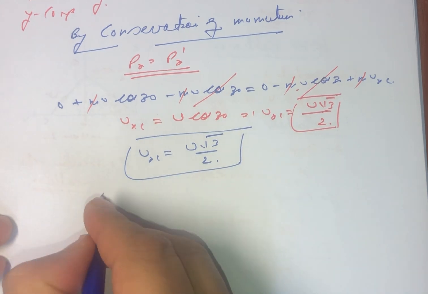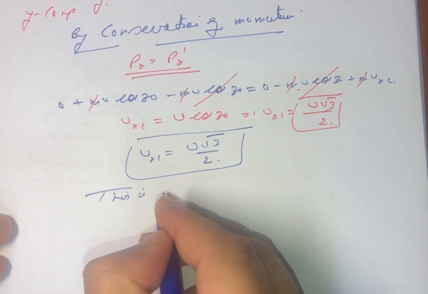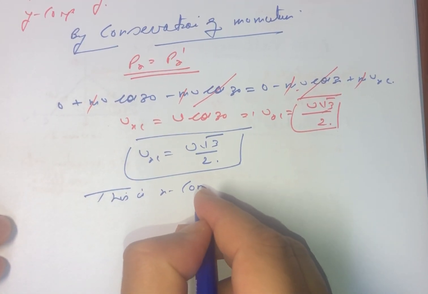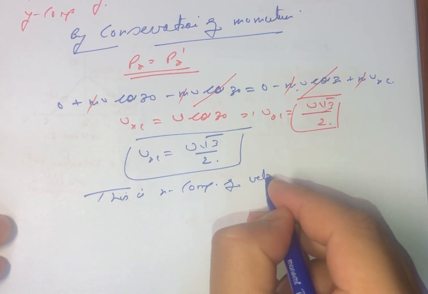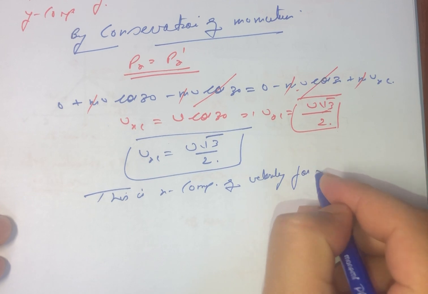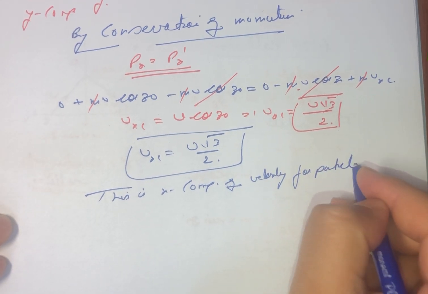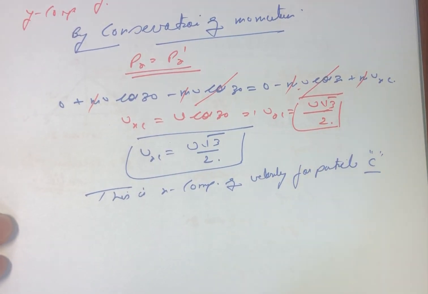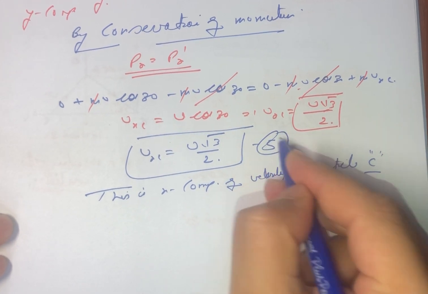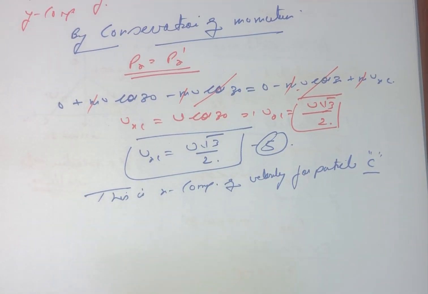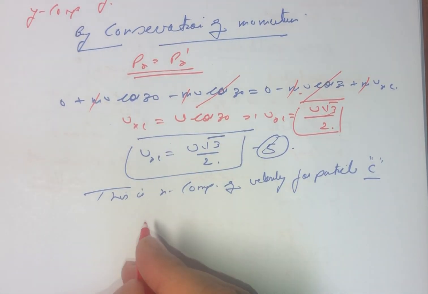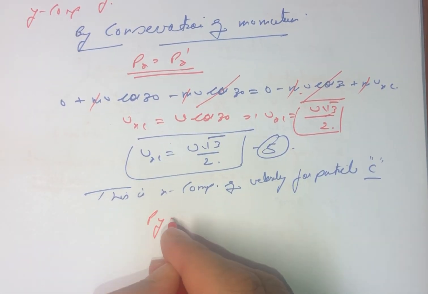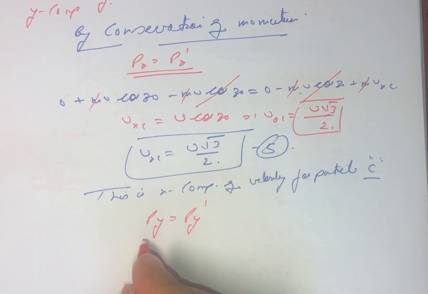This is the x component of velocity for particle c. Let us call this equation number 5. Now again, by the conservation of momentum, we can say py is equal to py prime.